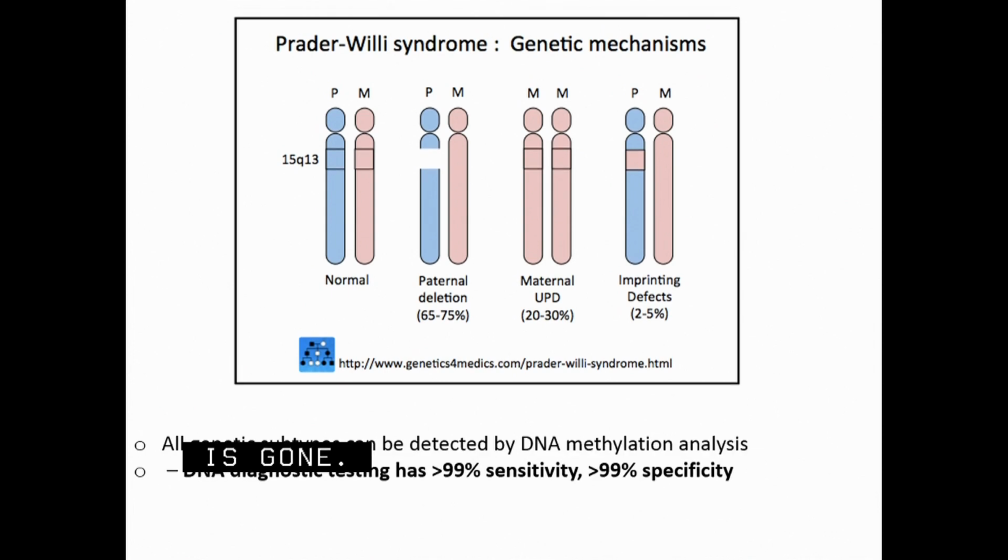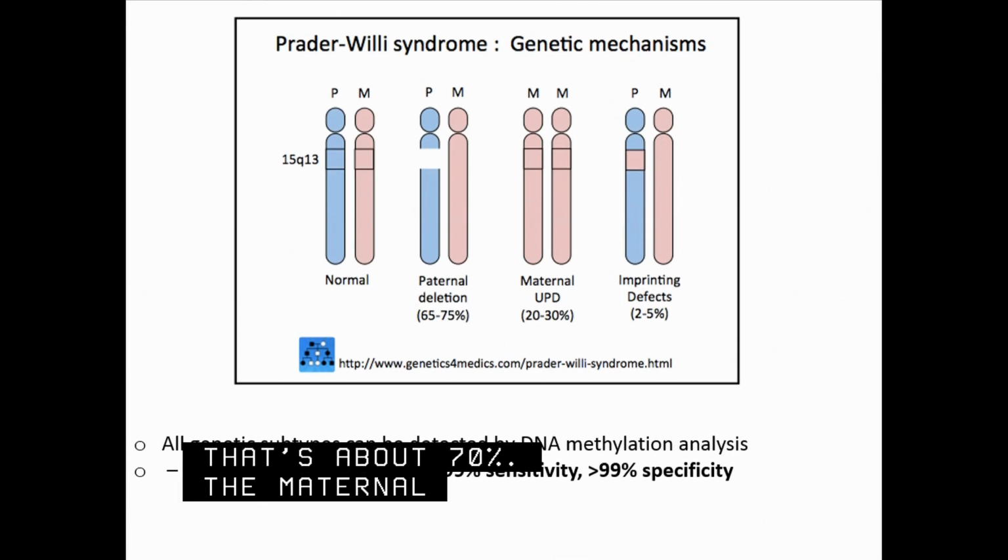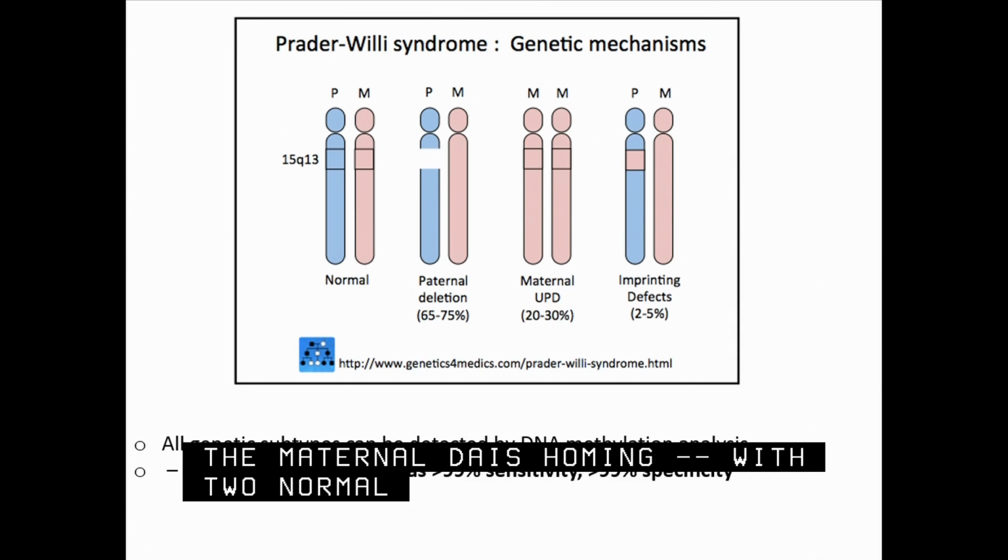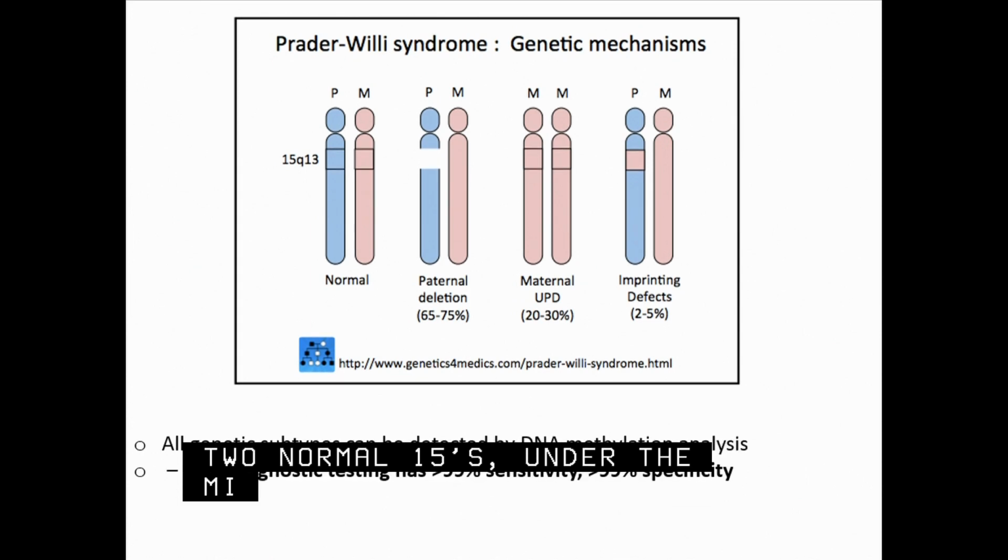Then there's maternal uniparental disomy: from one parent, but 2 copies. You have 2 normal 15s. Under the microscope, you see 2 normal chromosome 15s and you can't tell the difference between a mom and a dad chromosome. But again, the key thing is you're missing the paternal contribution.